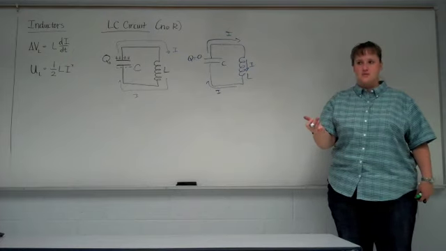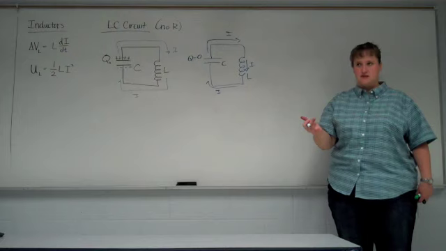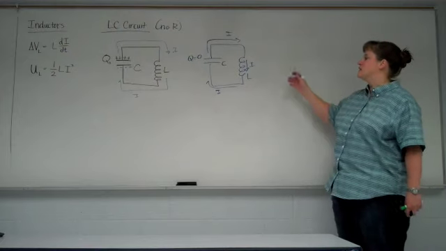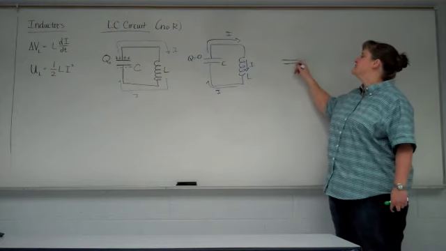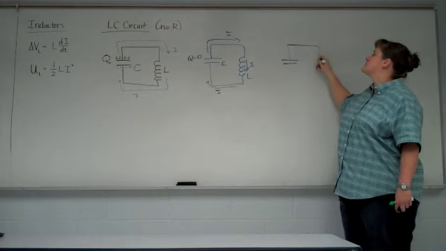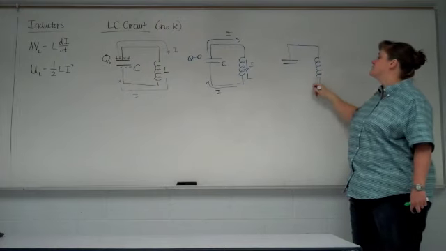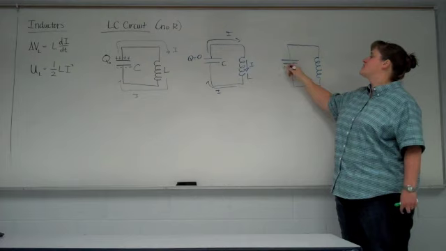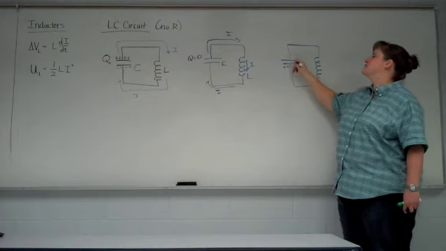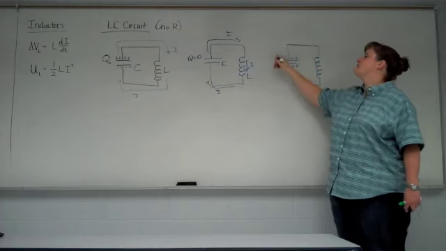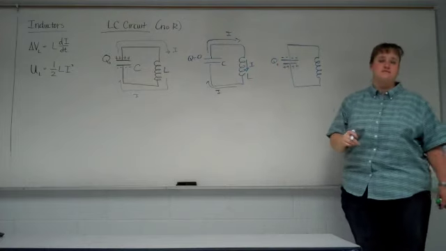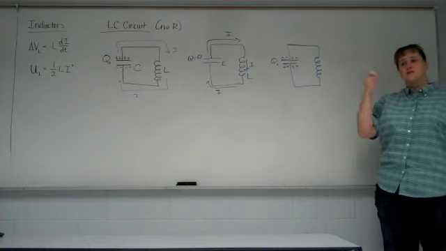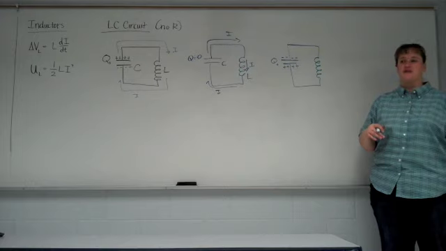But the inductor doesn't want the current to go to zero. It was perfectly happy having current. So what will happen is the inductor will induce its own current and force the charges up until the capacitor becomes charged with the opposite polarity. So basically the inductor charges the capacitor again.